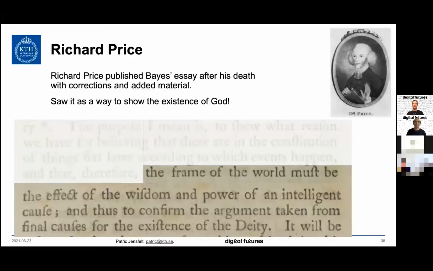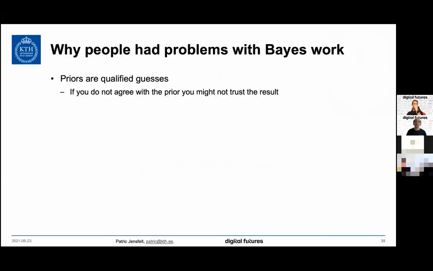All right, so why did people have such big problems with Bayes' work? First of all, priors are qualified guesses, and if you don't agree with the prior, then you're probably not going to trust the result. In Bayes' case, he very often worked with uniform priors. So the probability of the first ball ending up somewhere was uniformly distributed, and the same with the other balls.